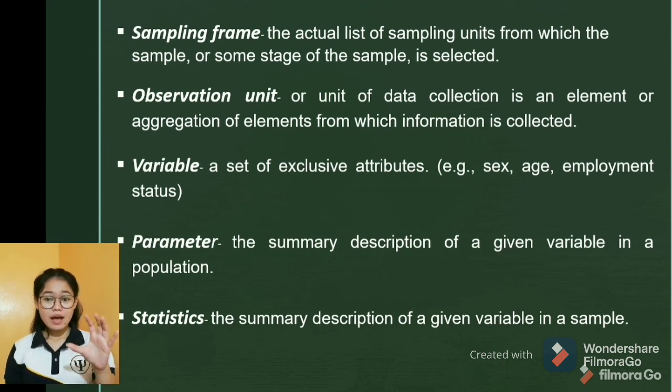The mean age of all the people in the city is the parameter because it is a summary description. When we say summary description, it is like the concrete result or the concrete output that you are looking for. So, the mean age of all the people in the city. Understand? Yeah.